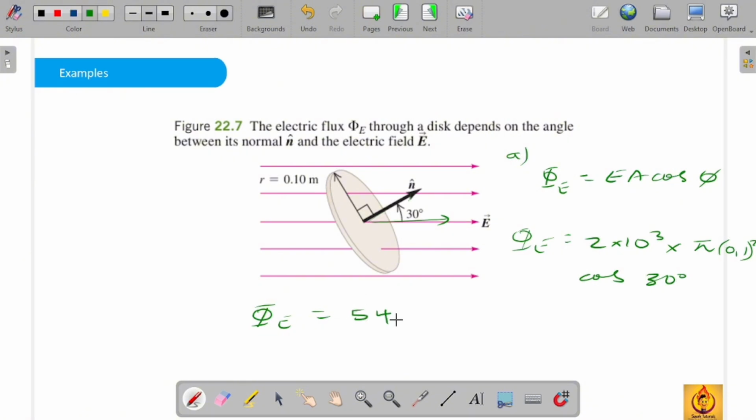54.41. 54.41. What are the units? We have Newton per Coulomb, Newton meter per coulomb. Newton meter per coulomb. Okay, I was about to derive them. I was already doing something here.